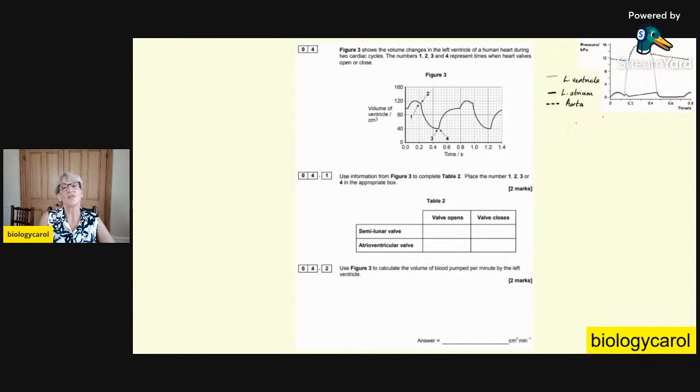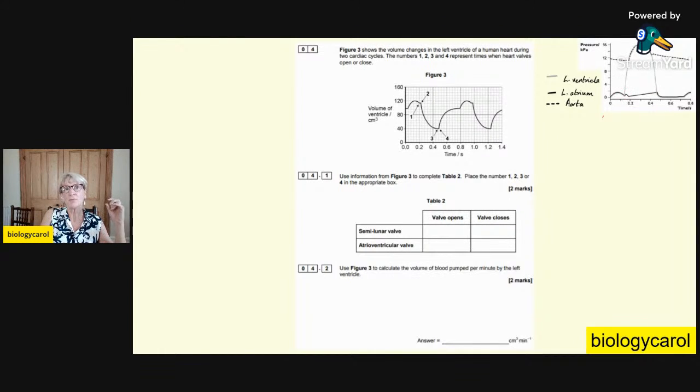Now, this is the graph that you would be more familiar with following your cardiac cycle teaching. And so now I'm going back to my knowledge of this graph to think, what order do all of these valves close and open in?